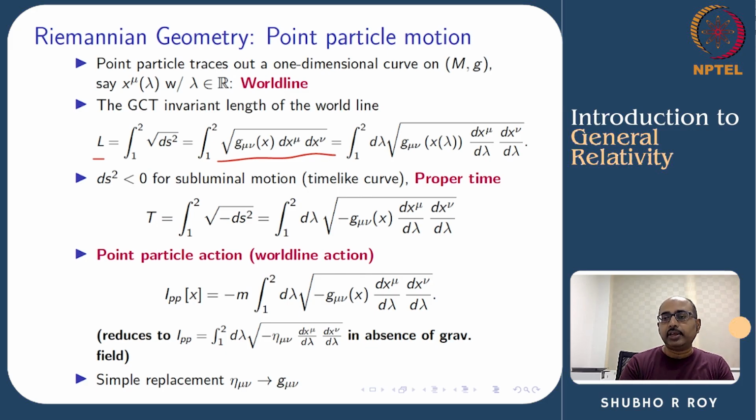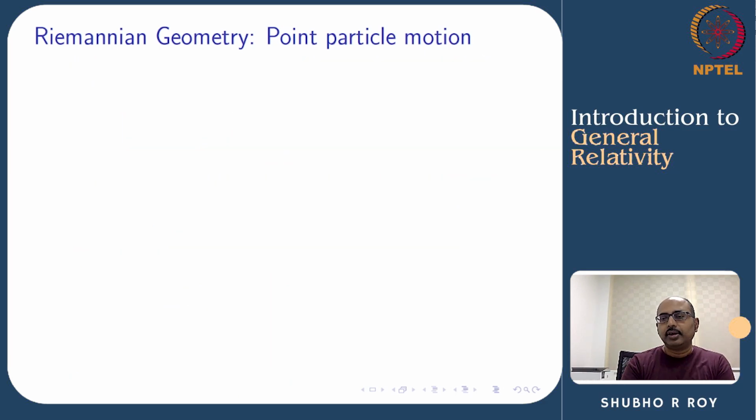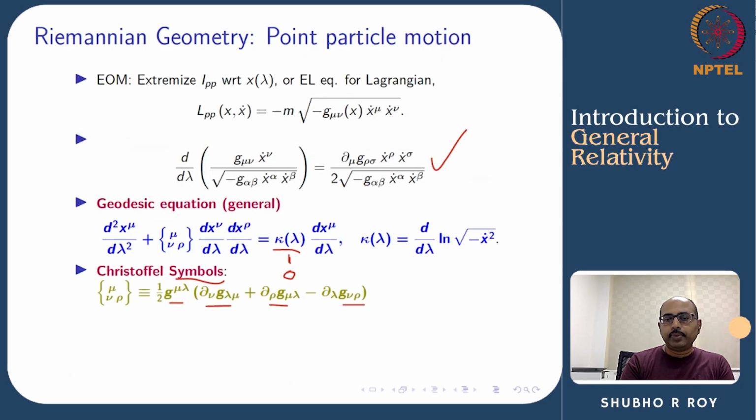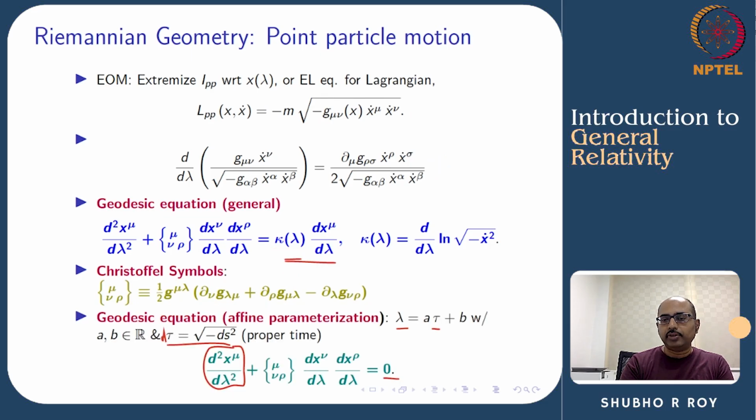They will still give you curves of shortest length if you take them to be space-like, curves of shortest distance, and that equation will again look like the geodesic equation, except lambda will not be the proper time anymore. This lambda will be the proper length or proper distance.